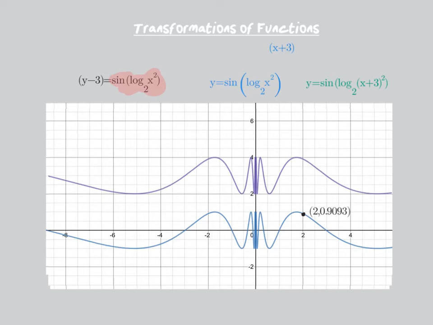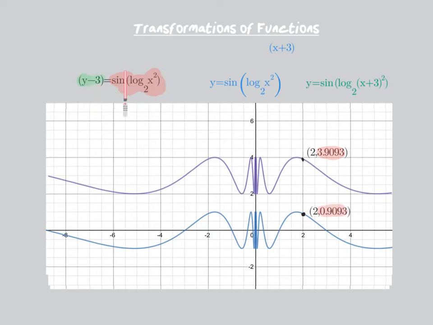But now that won't satisfy this new equation because it doesn't equal y anymore, it equals y minus 3. So in order to satisfy this new equation, y must be greater by 3. So we're going to say 2 comma 3 point something. Right? If y is 3 point something, well then y minus 3 is 0 point something, which is exactly what this right-hand side equals.